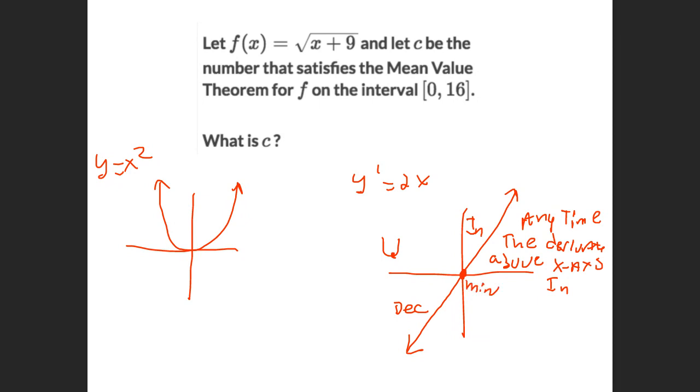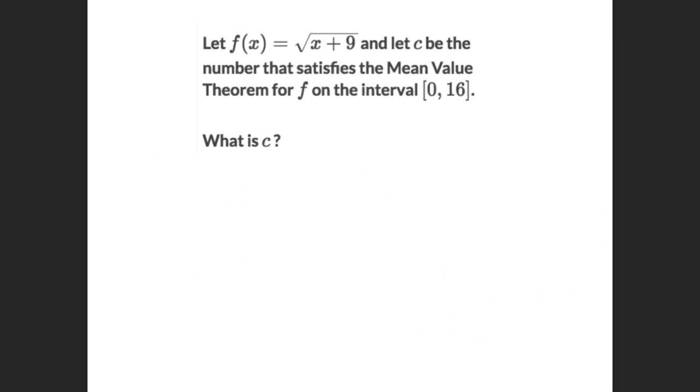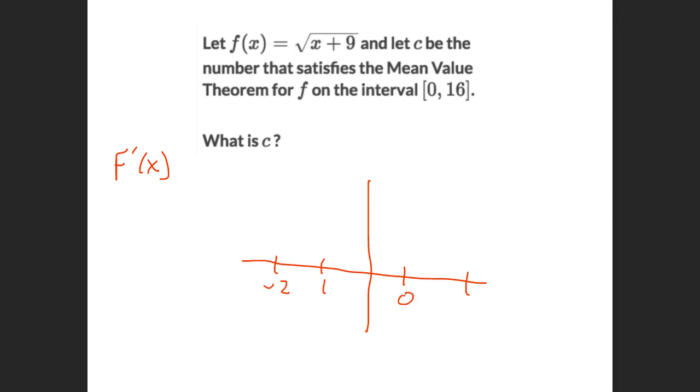So let me give you a derivative graph. I'm just going to make one up. Okay. So I'm going to tell you that this is a derivative graph. I'm going to put some numbers in here. This is 0, this is 1 and 2.